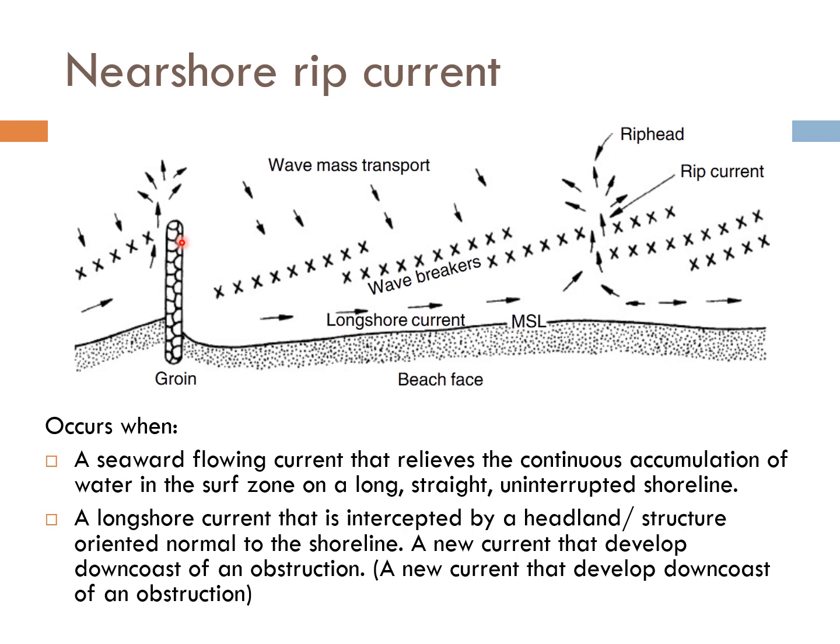Right here, we look at the effect of this type of structure on the longshore current, whereby since the longshore current has nowhere else to go, it will have to deflect and move towards the seaside, and that is also a rip current.